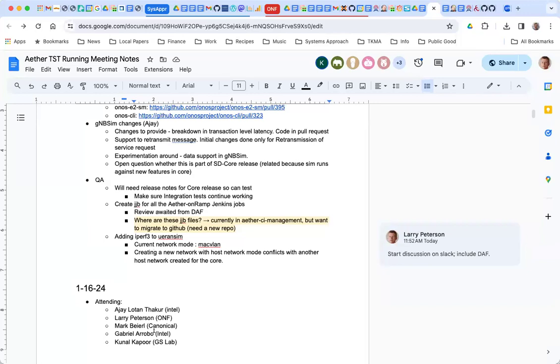The connectivity with the core is fine. We could attach all the UEs there, but the issue we are facing is with the data packets. We are unable to send the iPerf packets from UE ransom towards the iPerf3 server. So the iPerf client is not able to communicate with the iPerf server.